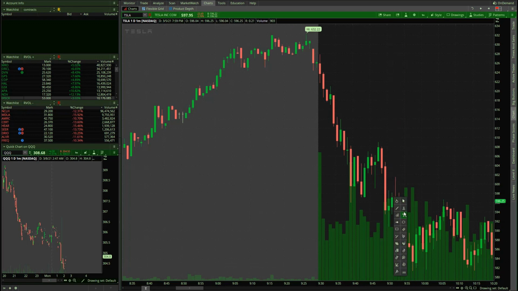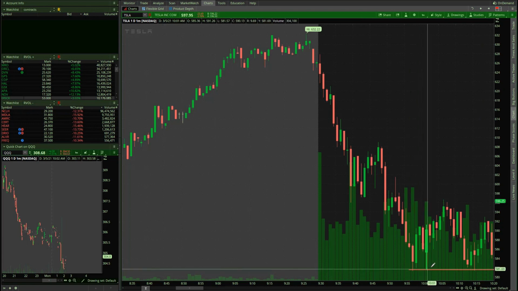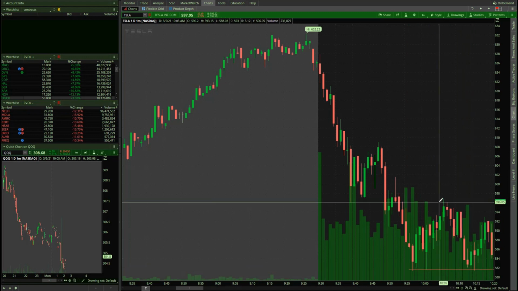Now, let's see what we're looking at here. We have this support level here. Once again, the number was 581.56. So I'm going to try to get close to that. 581.56, we're looking at around there, off by 1 cent. So this is my entry point when we break here. Where do I stop myself out?